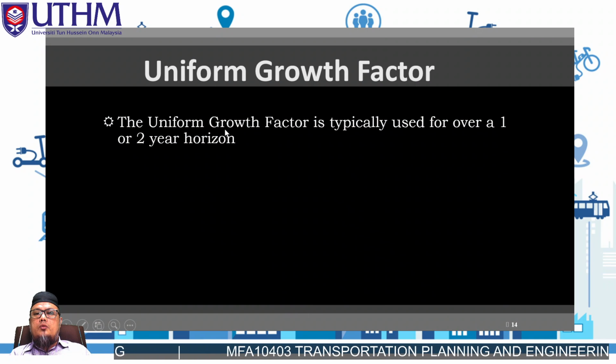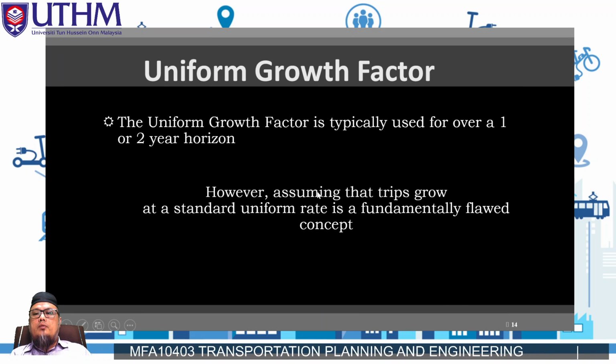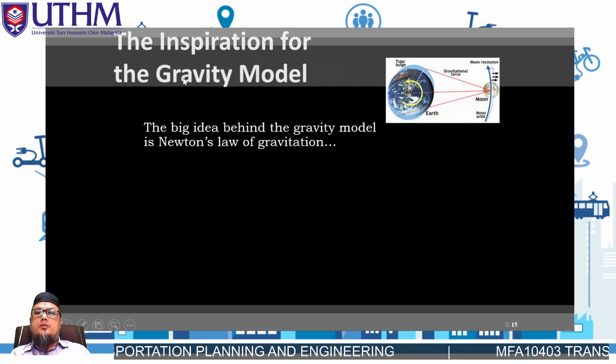The uniform growth factor is typically used for a 1 or 2 year horizon. However, assuming that trips grow at the standard uniform rate is a fundamentally flawed concept. That is why we look to use the gravity model.